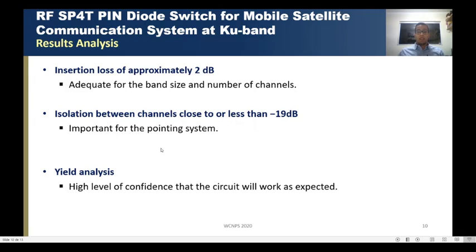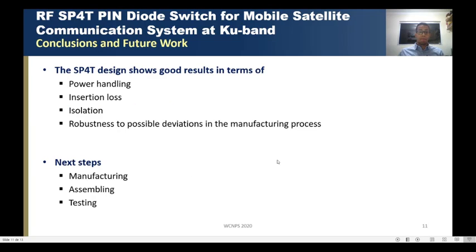We also had an isolation better than 19 dB, which is really important for the pointing system to not have interference from ports that we don't want to. And we have also the yield analysis that gives us more confidence that the circuit will work as expected.